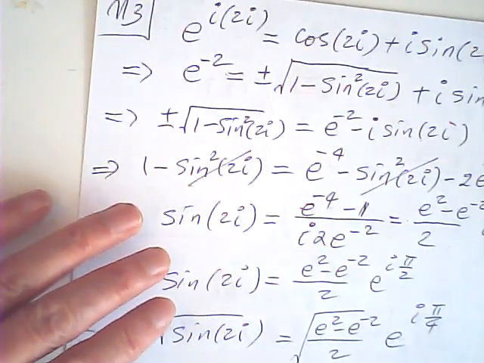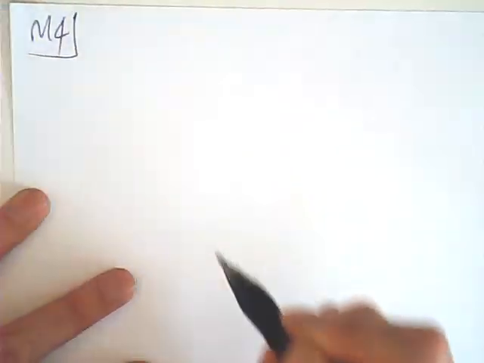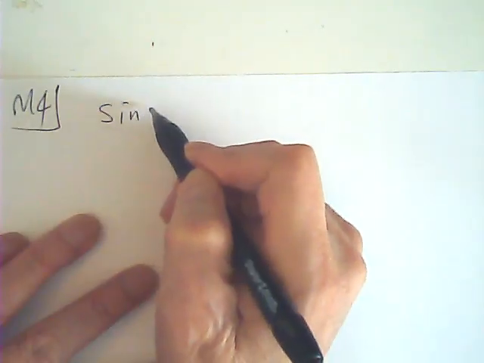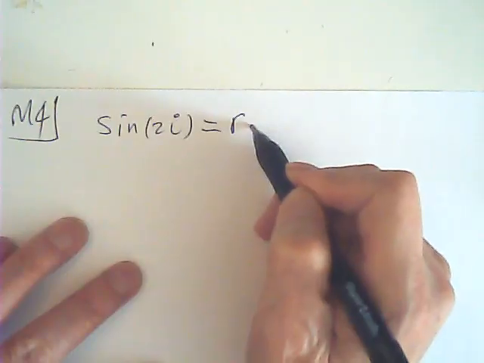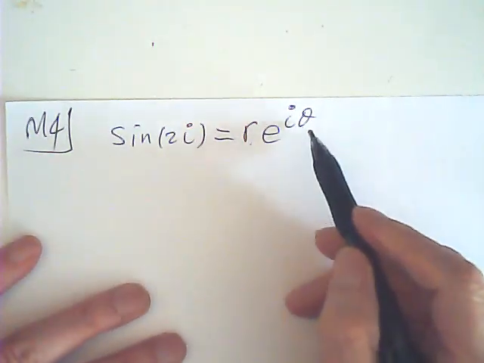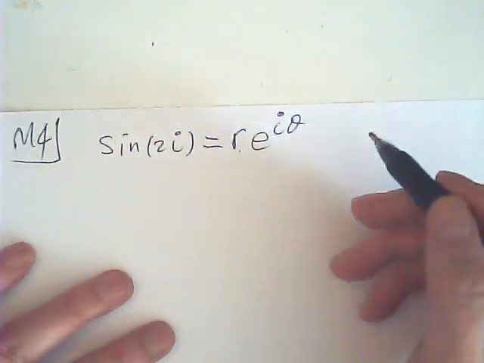Now, method 4. I let sine 2i be r times e to the i theta. R is the modulus, theta is the argument, right?